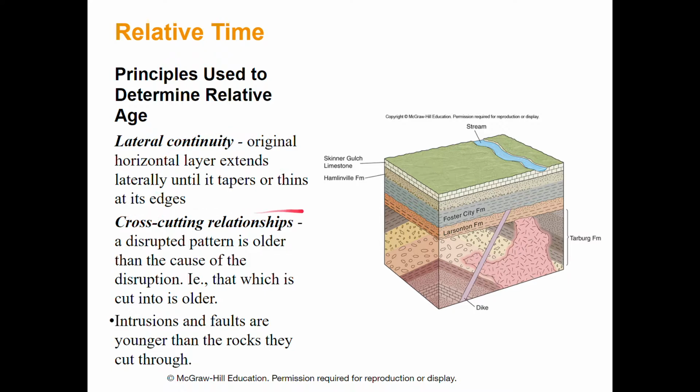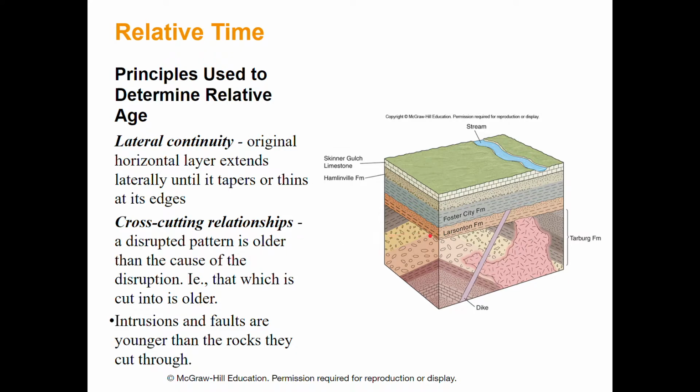And then there's cross-cutting relationships, and this is one of the more puzzly parts. The rest really doesn't matter a whole lot. What this states is a disrupted pattern is older than the cause of the disruption. What? In other words, that which is cut into is older.